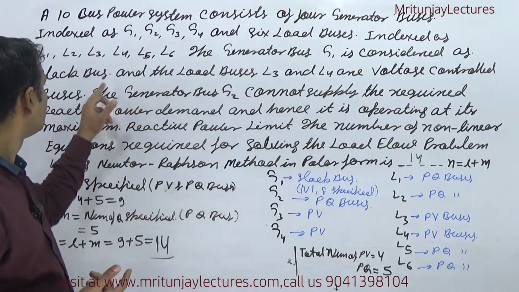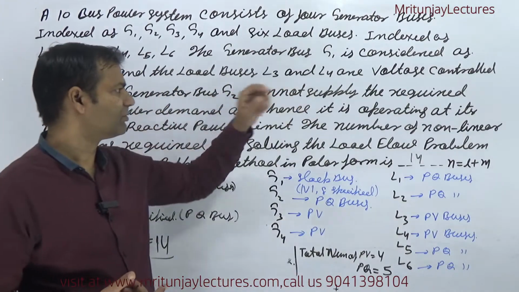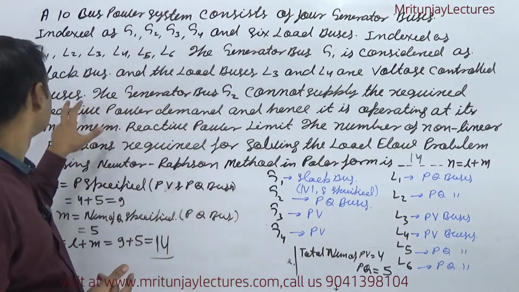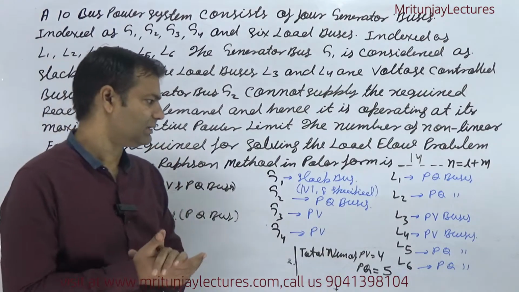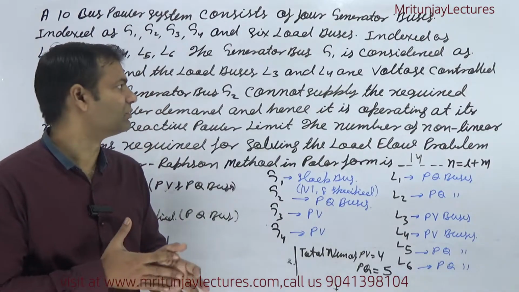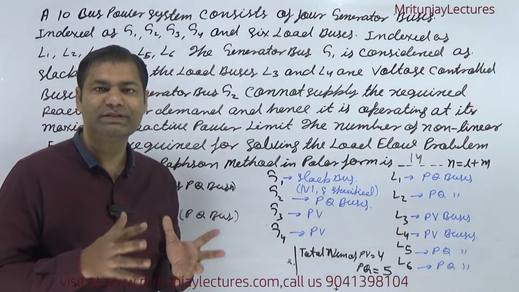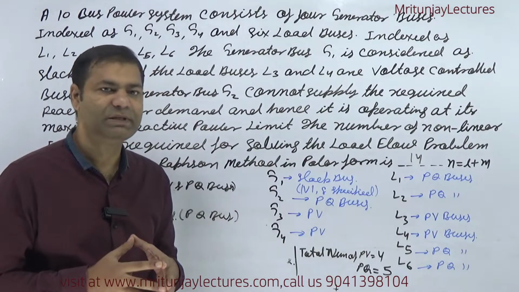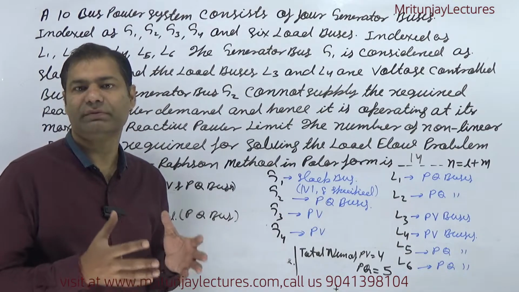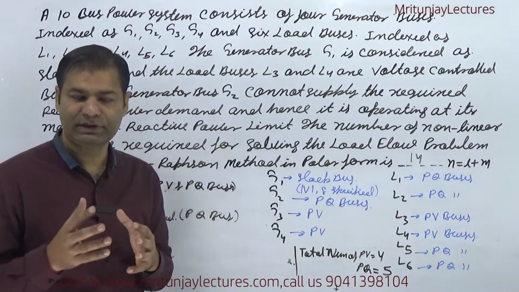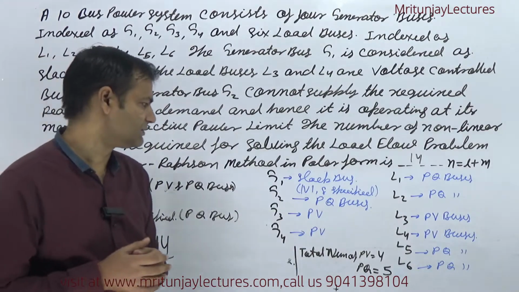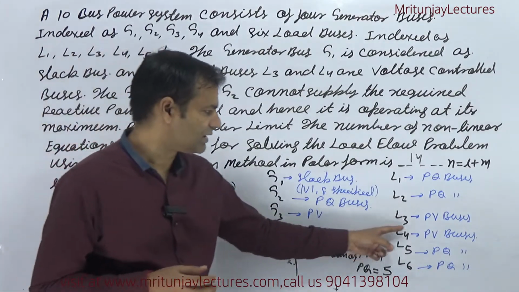Next, load buses L3 and L4 are voltage controlled buses. Voltage control means V is constant. If V is constant, it is a PV bus, because in a PV bus V is constant. That's why L3 and L4 are PV buses.